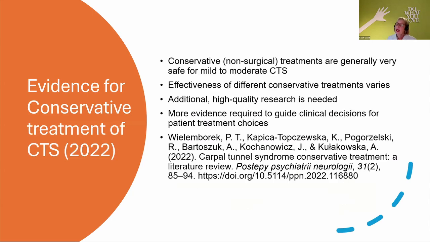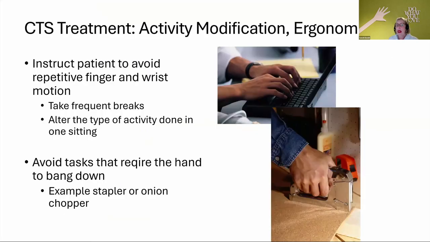Okay. In summary, conservative, non-surgical treatments are generally very safe for mild to moderate carpal tunnel syndrome. This is from a review in 2022. The effectiveness of different conservative treatment varies, and additional high-quality research is needed. Okay?